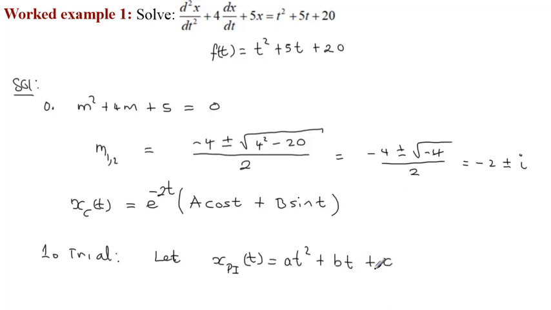But now notice that this trial solution, we will use it even if we only had f of t equals t squared, or f of t equals t squared minus t. I hope you see what has happened here.